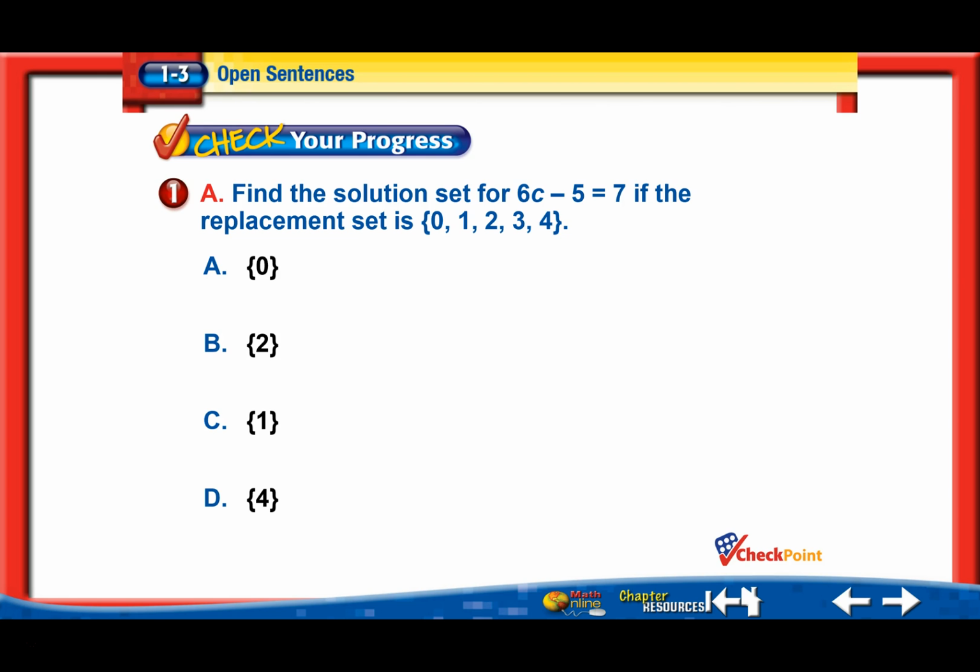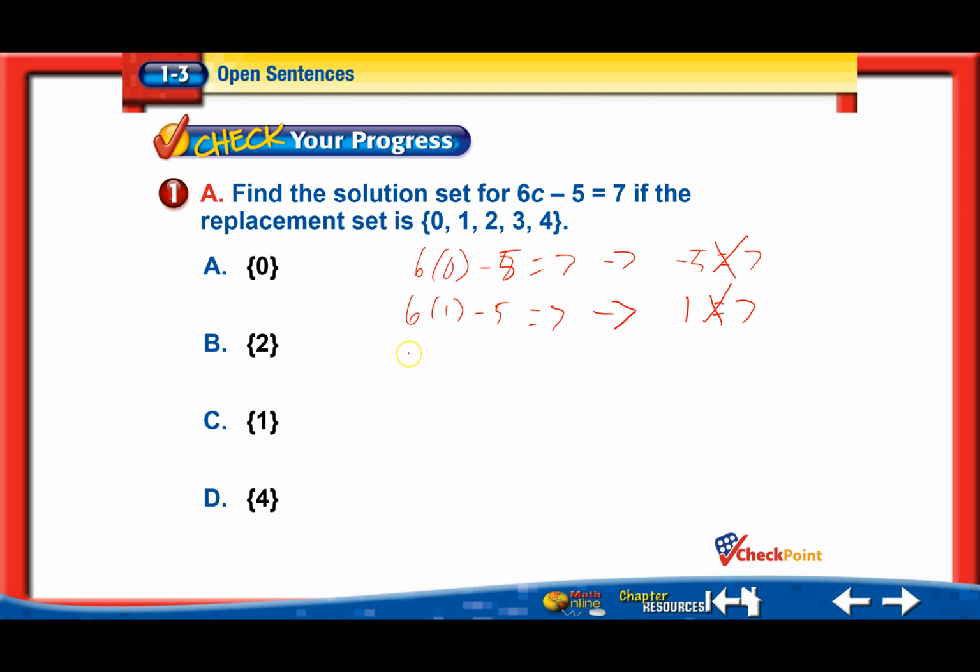All right, so we're going to try each one of these. I guess the easiest way to do it would be sideways here. So if I went 6 times 0 minus 5 equals 7, that would go to negative 5 equals 7. Nope. So not correct. 6 times 1 minus 5 equals 7. 6 minus 5 would be 1, equals 7.